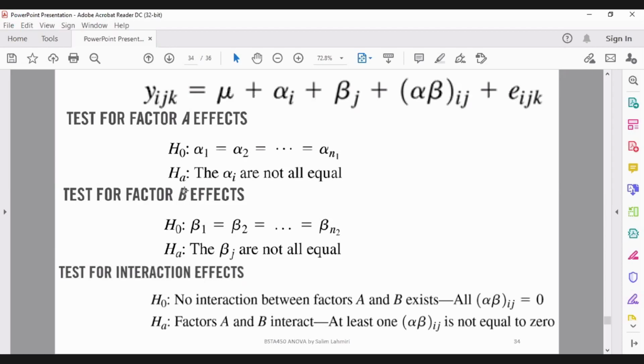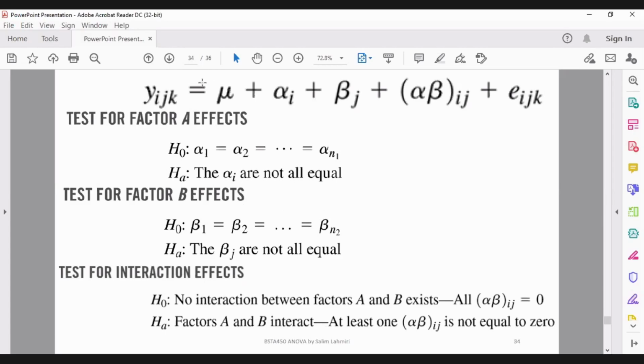For B, the null hypothesis is beta 1 is equal to beta 2 is equal to beta n. HA1, at least one of the betas is different from 0. For interaction effects, the null hypothesis is that no interaction between A and B exists, meaning that all alpha beta is equal to 0. Alternative 1, at least one alpha beta is different from 0.